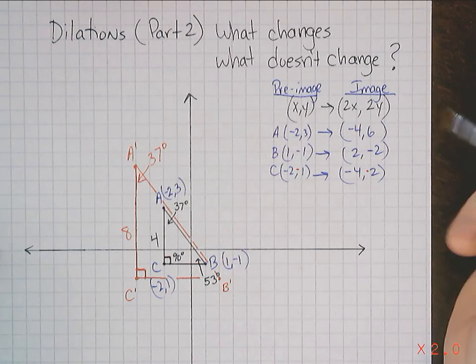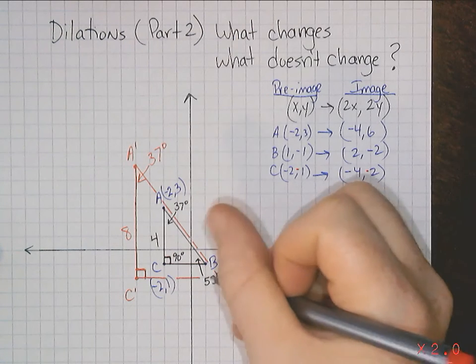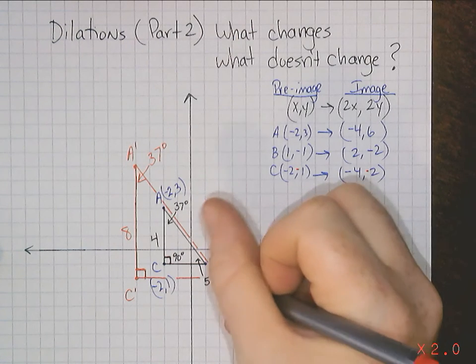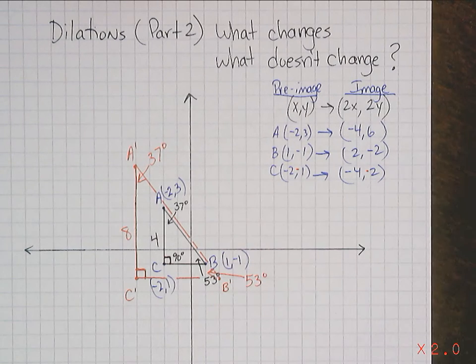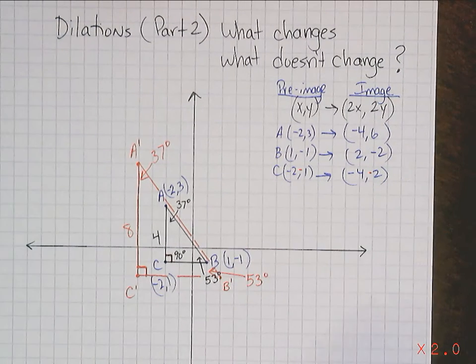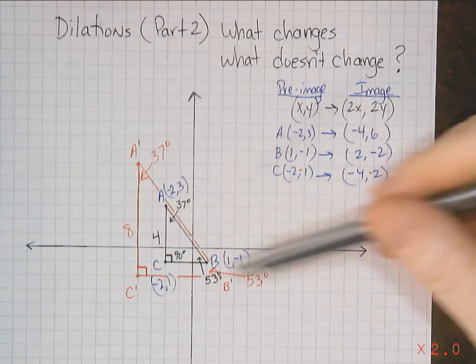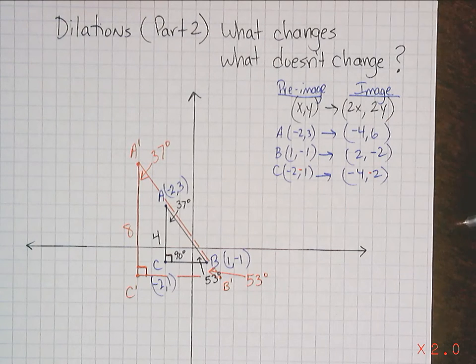So those angle measurements will still stay the same. And this is also 53 degrees. So, what changes? The side measurements. They double in size. What does not change? The angle measurements. The angle measurements will always stay the same.